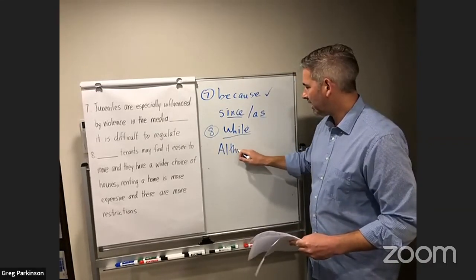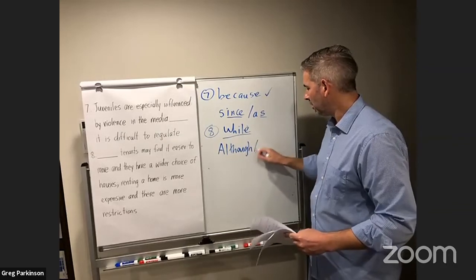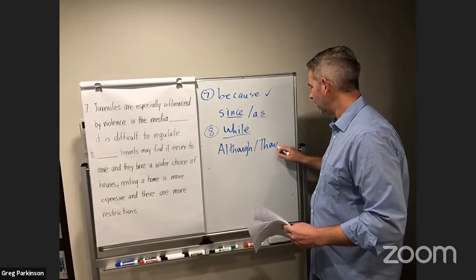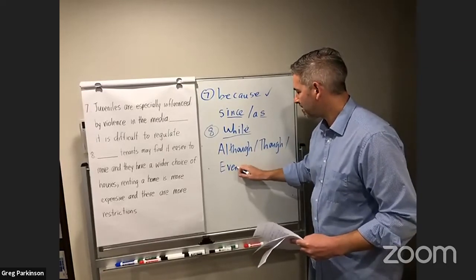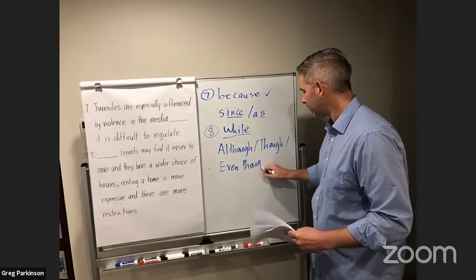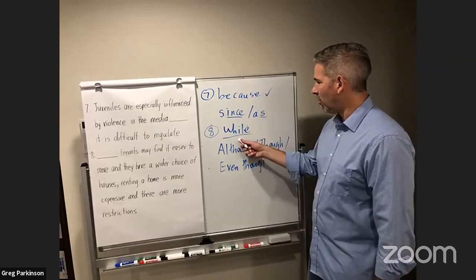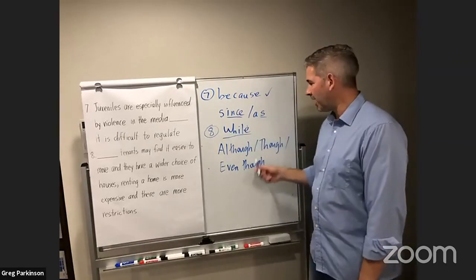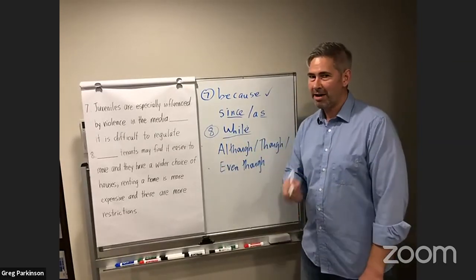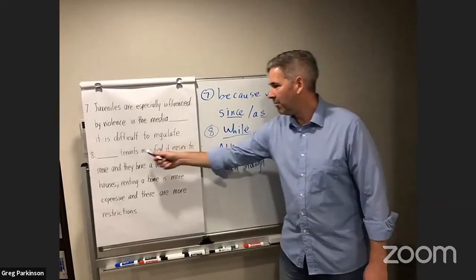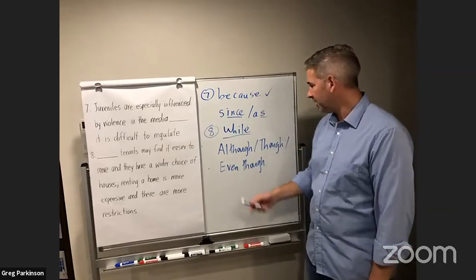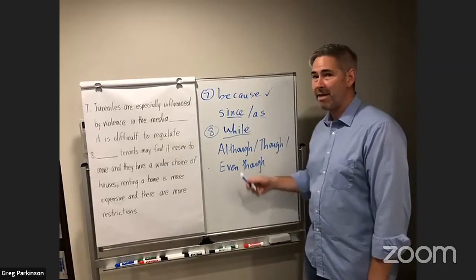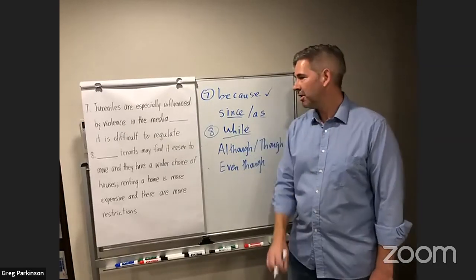And if you have the answers although, or though, or even though, now while doesn't show as great a contrast, well, the way I use while. These other subordinating conjunctions, although, though, and even though, they show a stronger contrast.